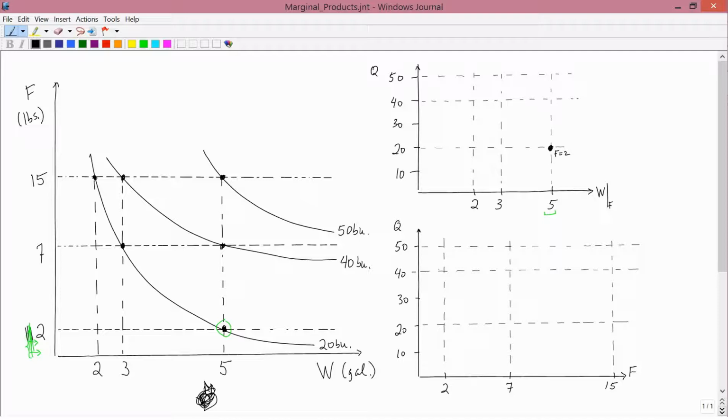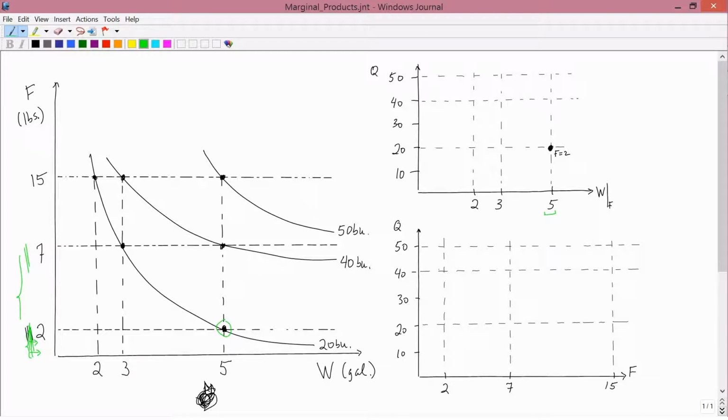Now, how about moving to fertilizer being fixed at 7 pounds? So you can imagine the bulldozer coming back, and now removing everything that's above the WF plane below an F level of 7, and then looking at the cut surface.